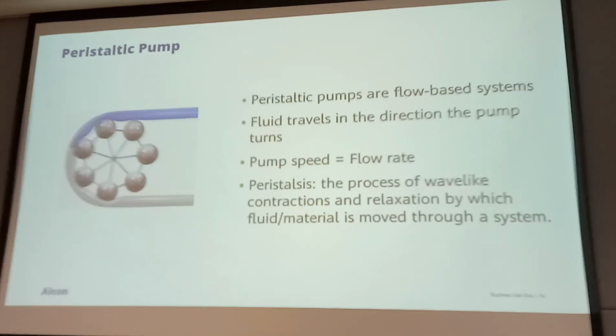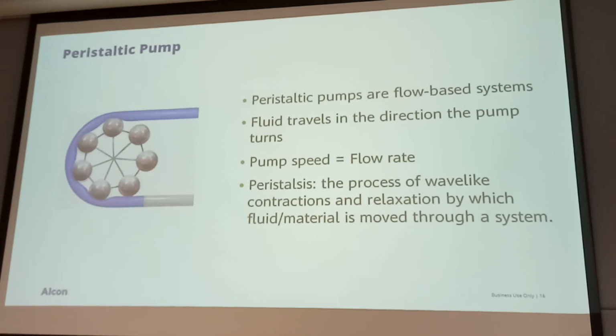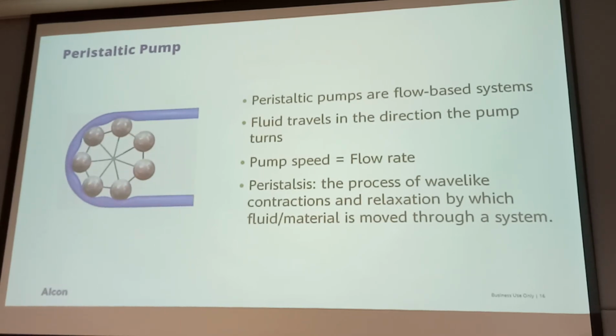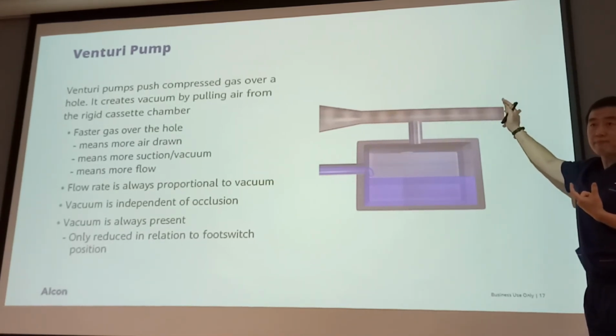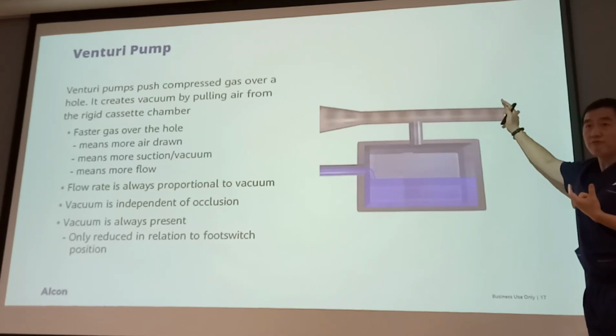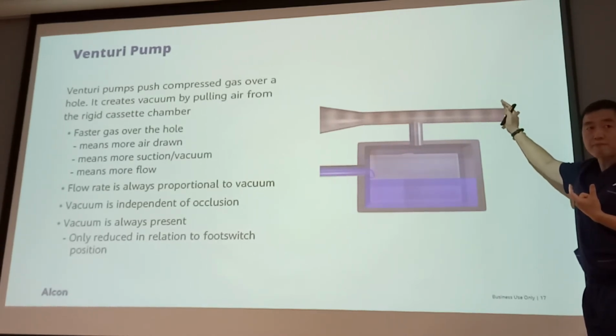The peristaltic pump controls both the aspiration and the vacuum. They use rotation to control how much volume of water and how much pressure by the sensor. So this is the peristaltic pump. They control both aspiration and vacuum. But the Venturi pump only controls the vacuum. They do not control the flow.